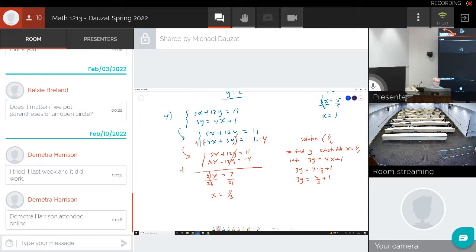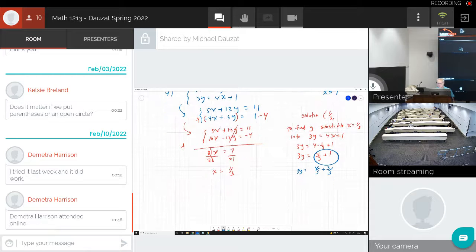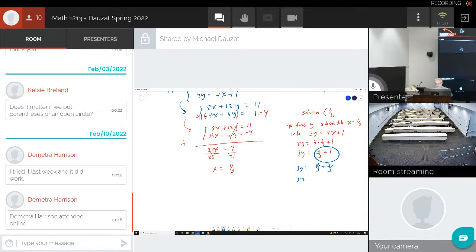Now remember you're dealing with fractions, so here's the best way to do this. The best way is to add the two fractions on the right first. So 4/3 plus 1, what's the least common denominator? 3. So I get 3y equals 4/3 plus 3 divided by 3, right? So what's 4/3 plus 3/3? 7/3. I get 3y equals 7/3.